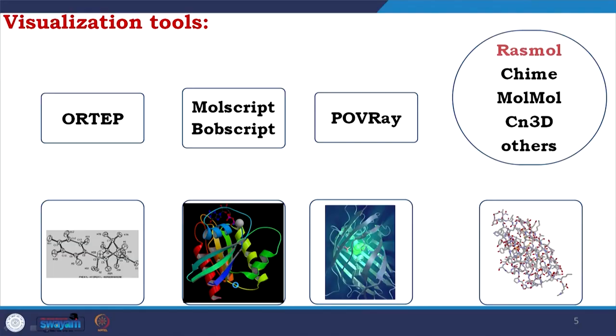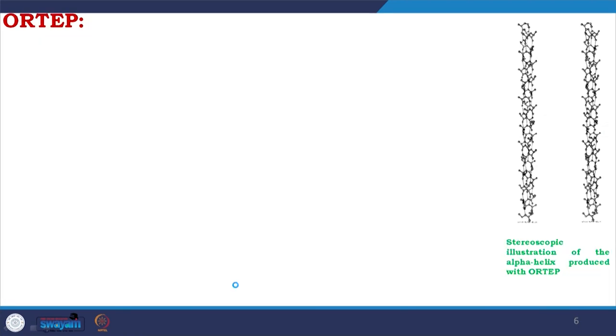ORTEP is the first kind of computational platform, and then it comes to script writing, like Molscript, Bobscript, then there are Povray and Raster3D which help improve the quality of the figure, and last but not the least, the visualization platforms like RasMol, Chime, MolMol, Cn3D and many others. We will try to have a look in brief at those.